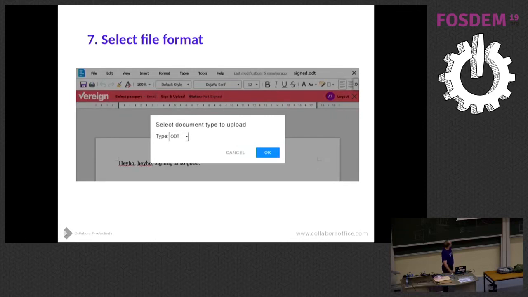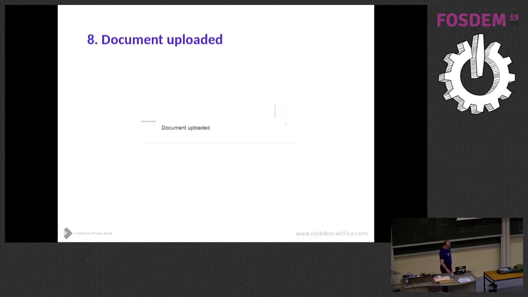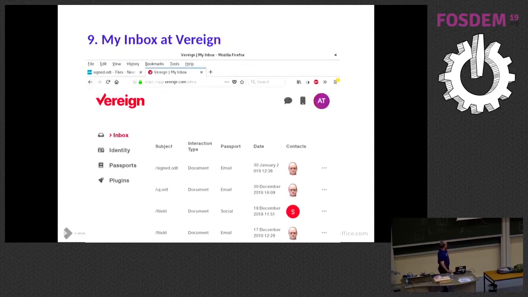Now here I selected the ODT, and after I press the OK button, the document is uploaded. Where? To my Vereign inbox. You can see there this signed ODT on the top, and if you download it, it's a properly signed OpenDocument file.